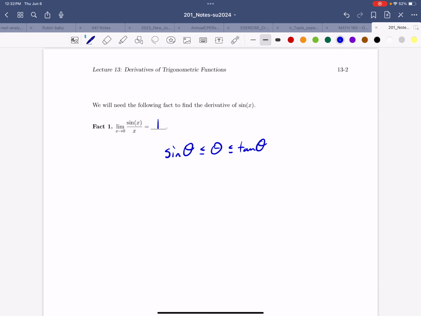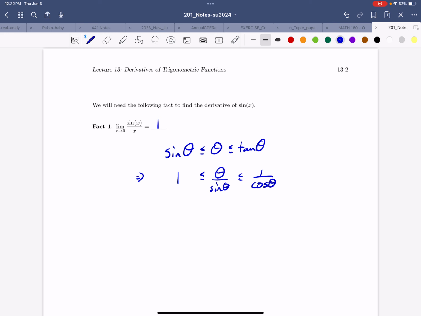Okay? Well, you could think of tangent as sine over cosine, right? That's one way to put it. So if you divide all three sides by sine, then you get 1 is less than or equal to theta over sine of theta, which is less than or equal to, sorry, not cosine, 1 over cosine of theta. There you go.